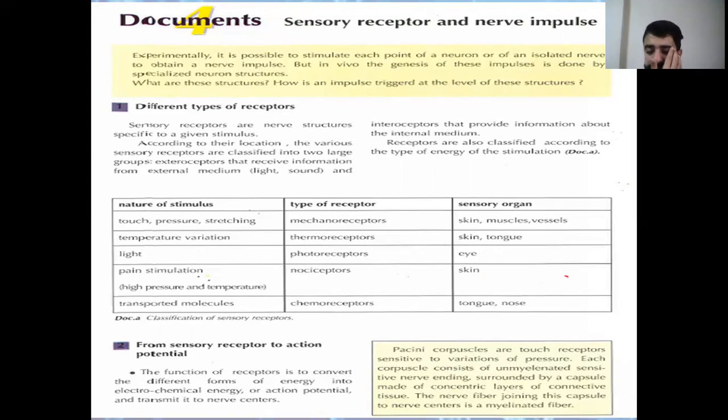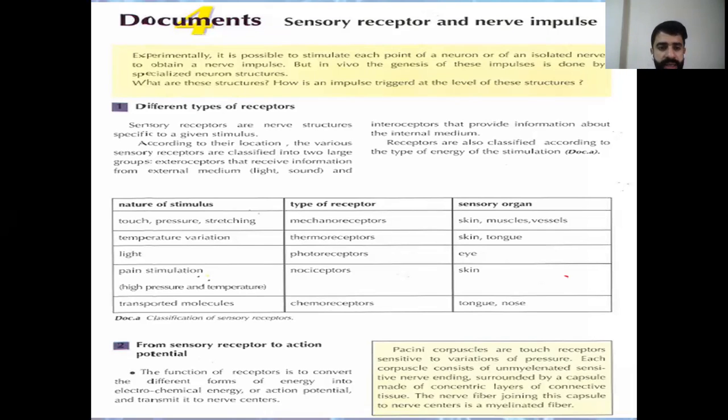And also we talk about a special type of receptors. They are called Pacinian corpuscles. They are touch receptors, sensitive to pressure. So they are mechanoreceptors since they respond to the stimulus of pressure.